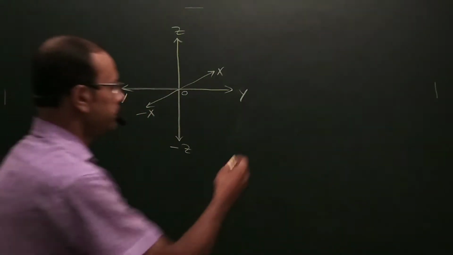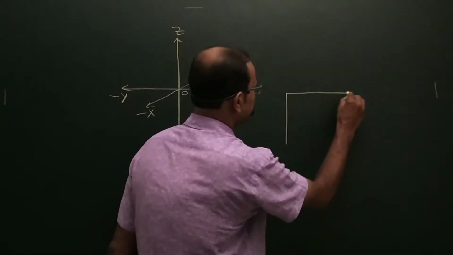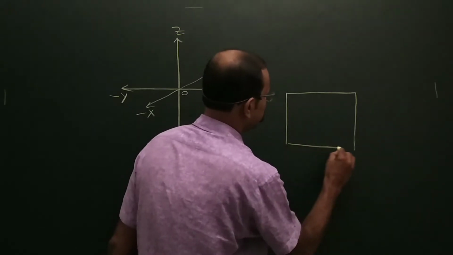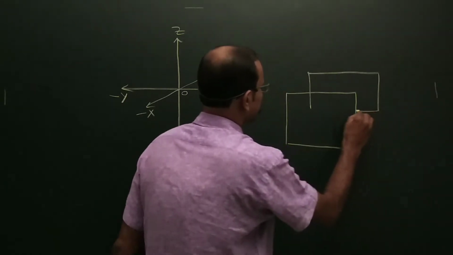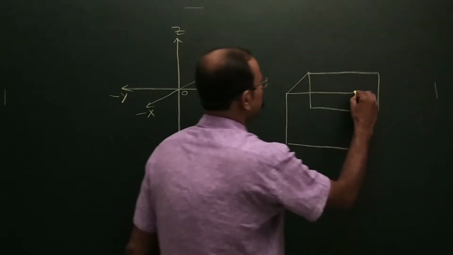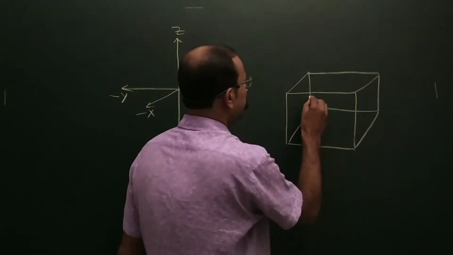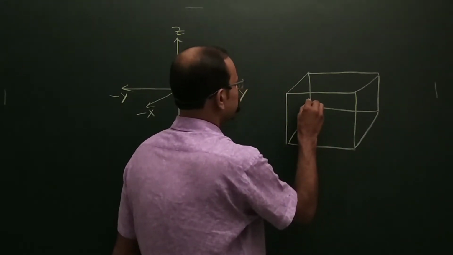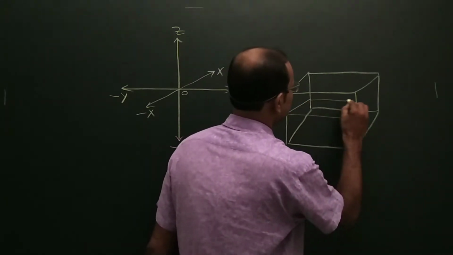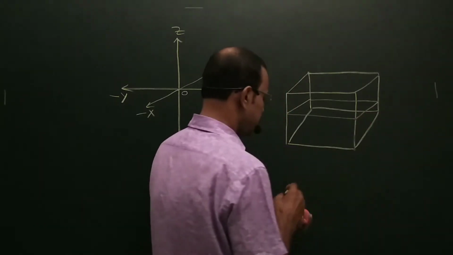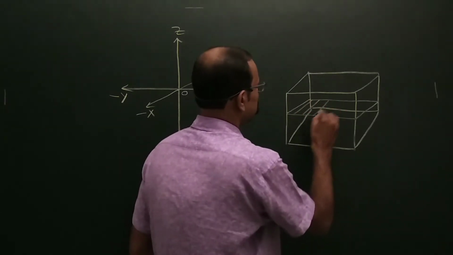In this case, I am drawing the cube again, and I would like to denote the indices of this plane shaded by green shade.